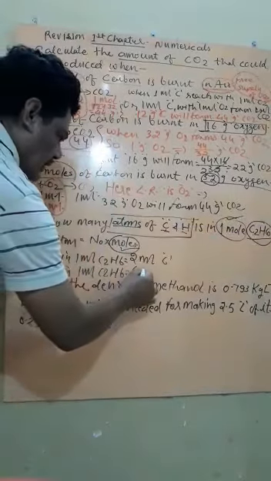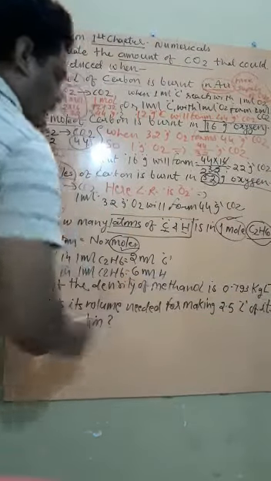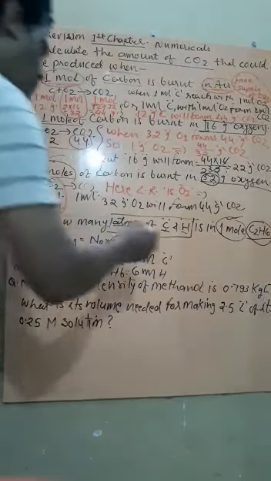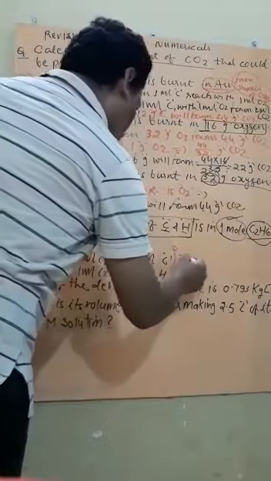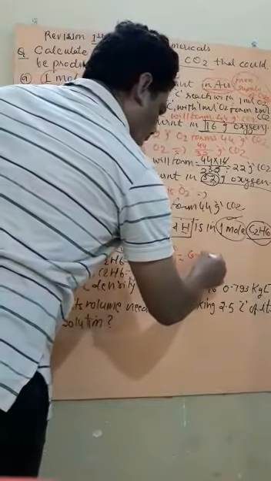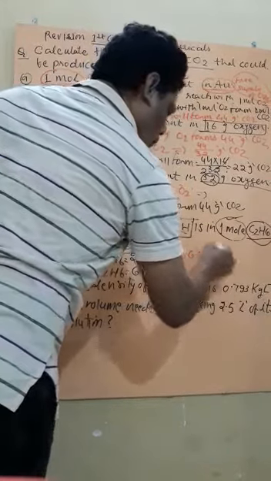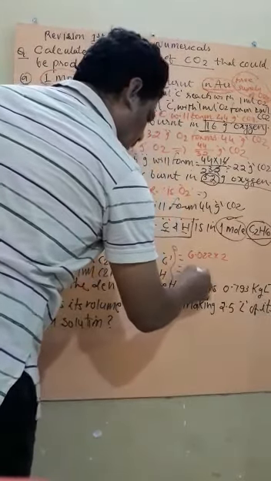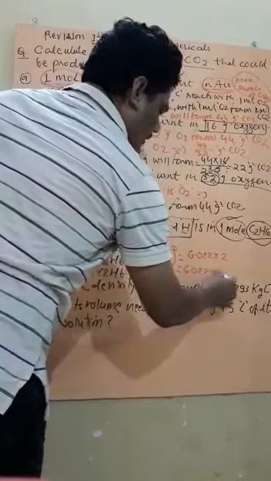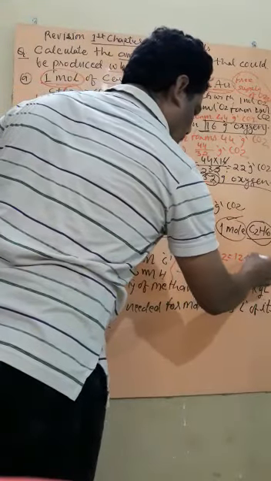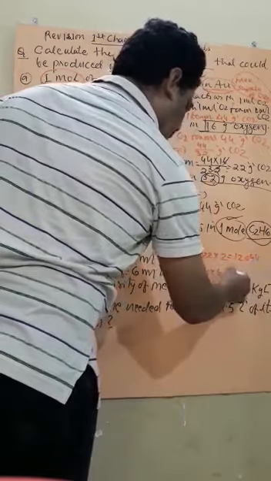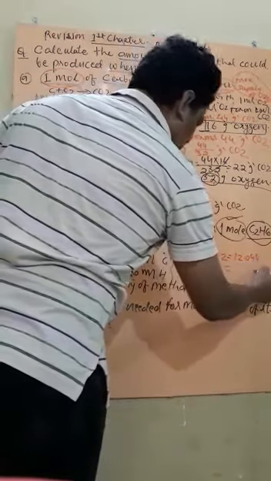Now simply multiply it. It is equal to Avogadro number 6.022 into 2, and here 6.022 into 6. You will get the answer 12.044, and here you will get the other answer. Whatever the answer, you will solve it.